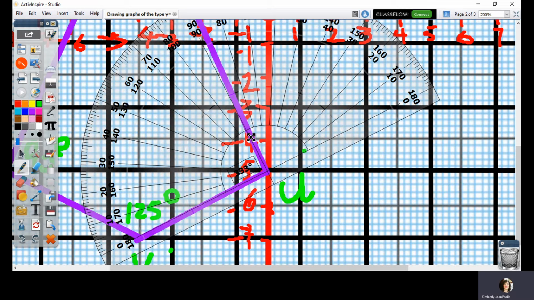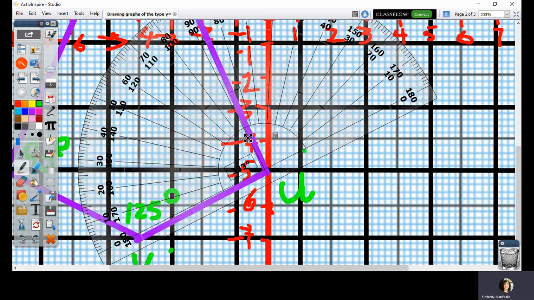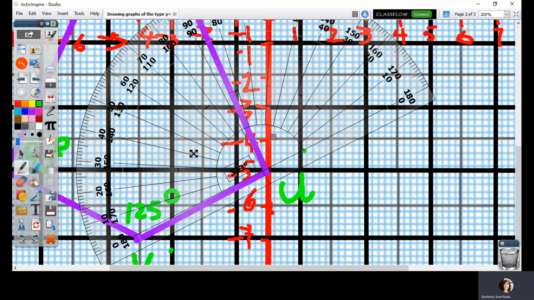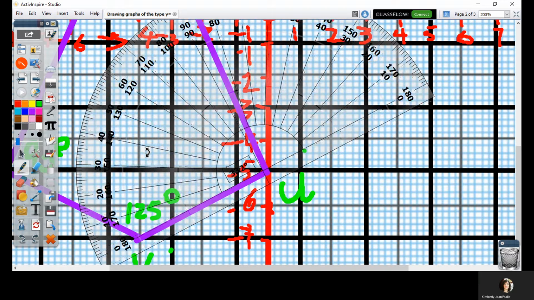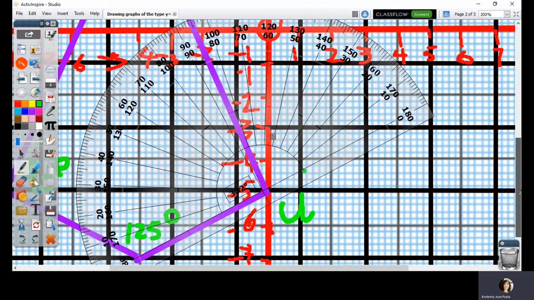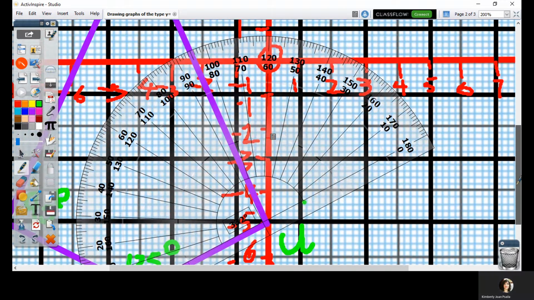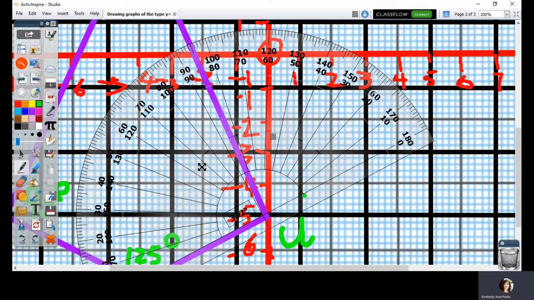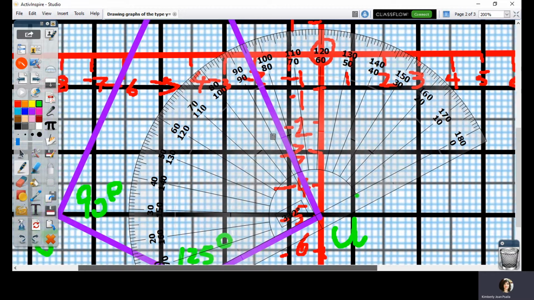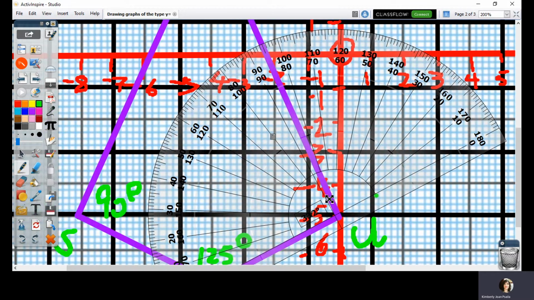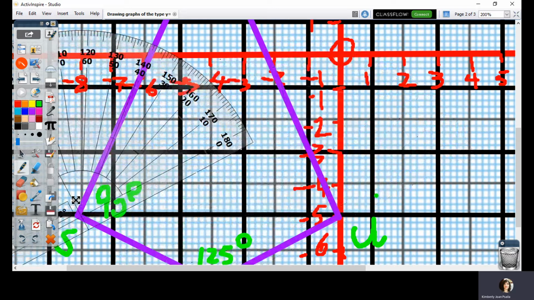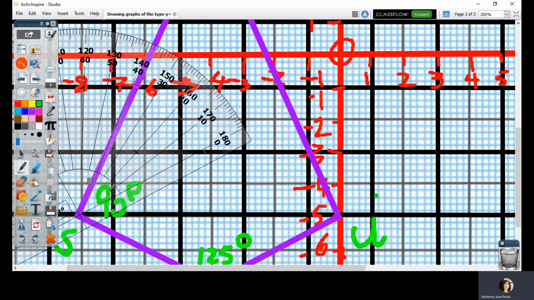Here I'm trying to be as exact as possible. So here I should have my answer. My angle is 95 degrees. I need to check this because this should be 95 as well, because you know that in a kite, this angle and this angle should be the same.